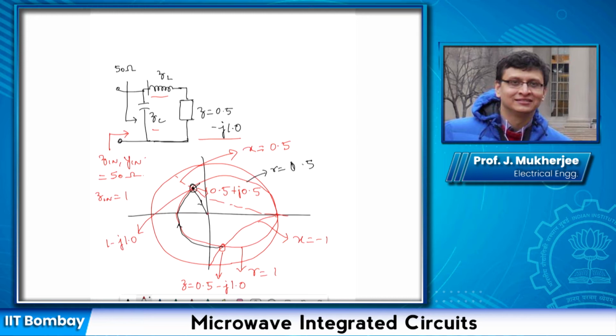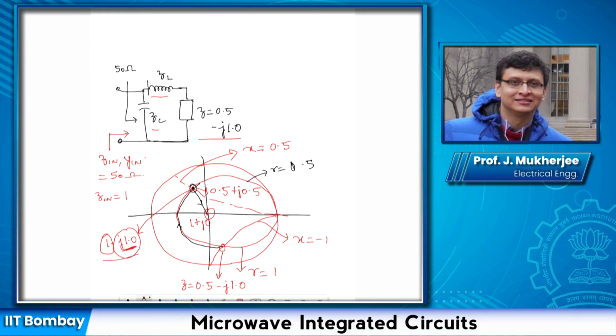Now we see we have obtained the correct real part, isn't it? At this point, we need this point that we have to achieve as, in terms of impedance, 1 plus j0. So now we have to add something in shunt that will cancel this one. So this is, as you can see, inductive, isn't it?